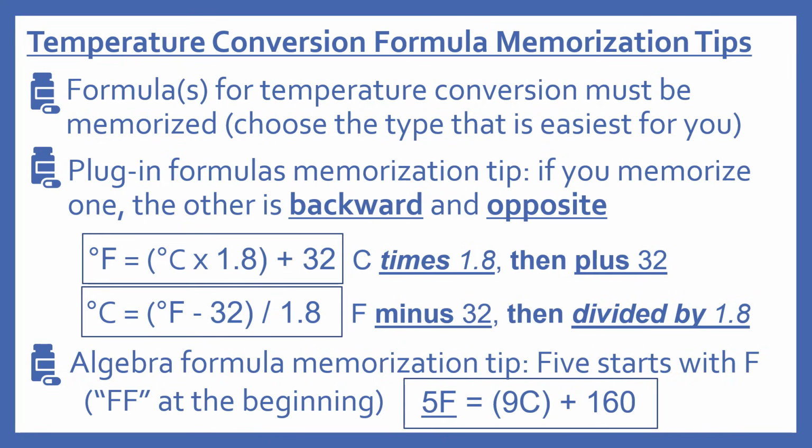It equals Fahrenheit minus 32, so you can see that's backward and opposite, then divided by 1.8. Once again, it's backward and opposite. And if you choose to do the algebra formula, you can remember it a little easier by remembering that 5 starts with F. So it's FF at the beginning. 5F equals 9C plus 160.